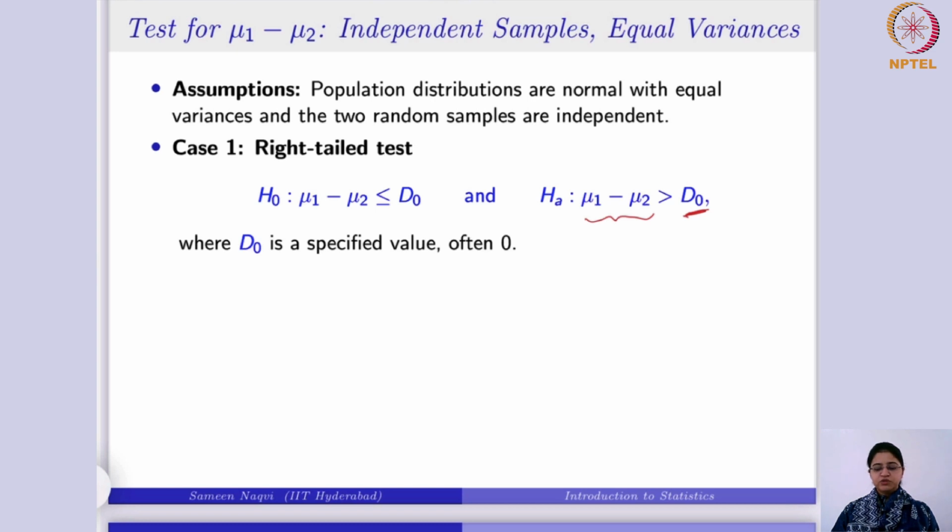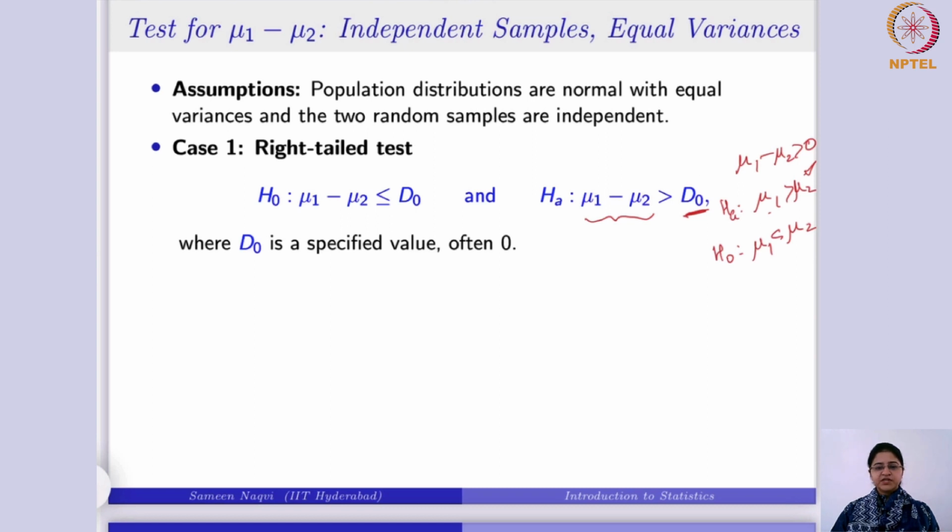If I am taking d0 as 0, it means I am testing mu1 minus mu2 greater than 0, which essentially is mu1 is greater than mu2. This one would be your alternative, and null would be that mu1 is less than or equal to mu2. So here basically you have that the mean of the first population is more than the mean of the second one, and in the null hypothesis it would be just the reverse of that.